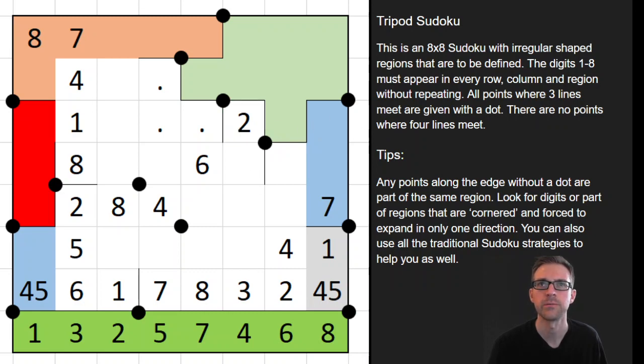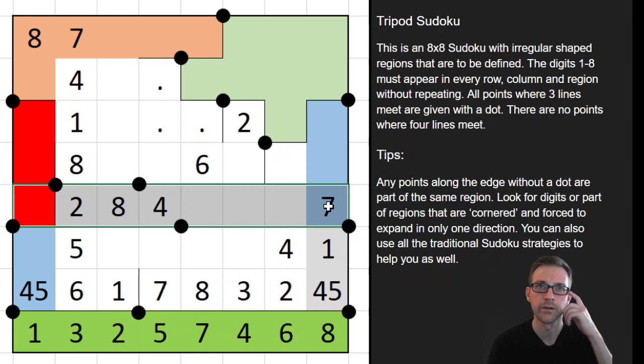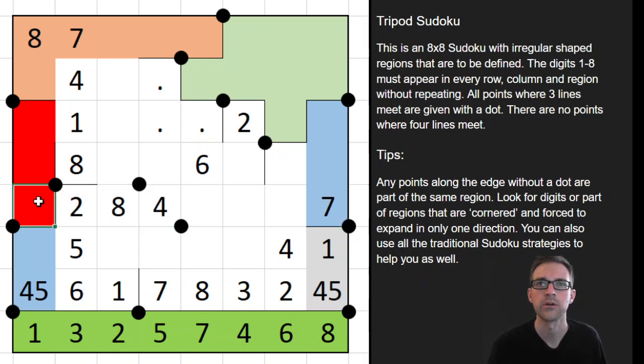See if we can do maybe some more coloring. I don't know, this row, we're missing 4 digits in this row. Let's see if we can figure something out there. So we're missing a 1. 1 can't go here. 1 could go in any of those. Oh, you know what? This region here is forced to come out. So we have 1, 2, 3, 4. This must be red.